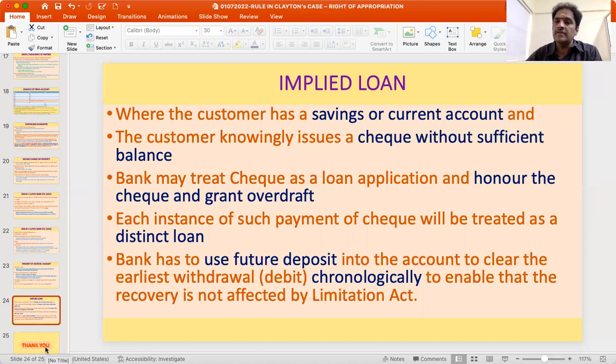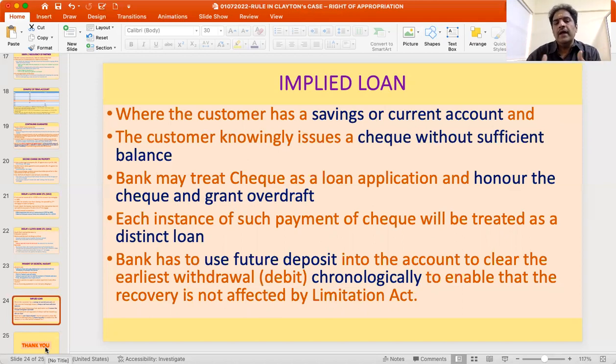So it may honor the check and make the payment, resulting in the grant of an overdraft. So the check being given could be treated as a loan application, and the overdraft that is granted, through the honoring of this excess drawal, will be treated as an implied loan.